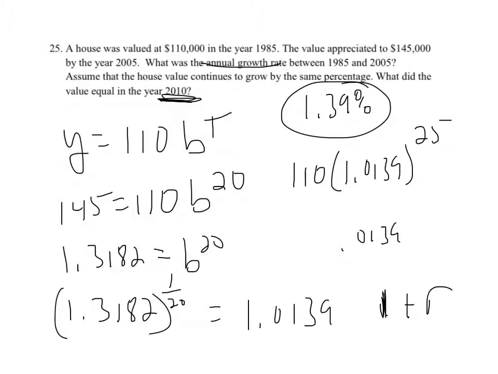So on my calculator I'm getting 155, and this is thousands, so I'll do some rounding. So that's what the house has increased in value by 2010.